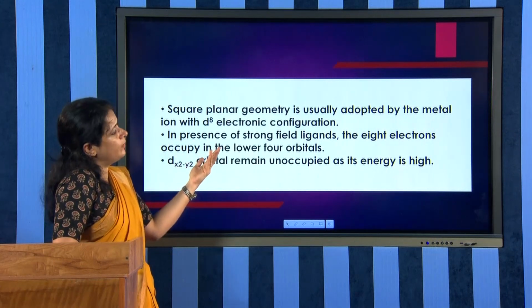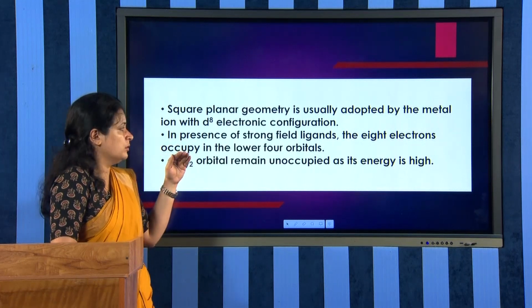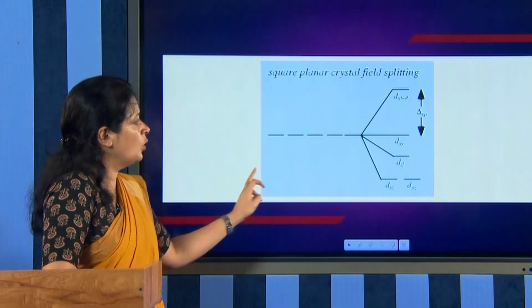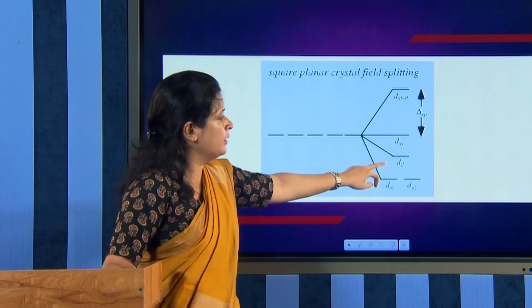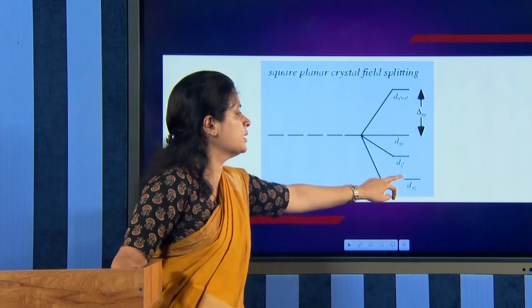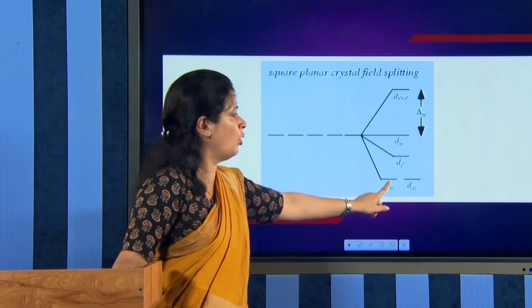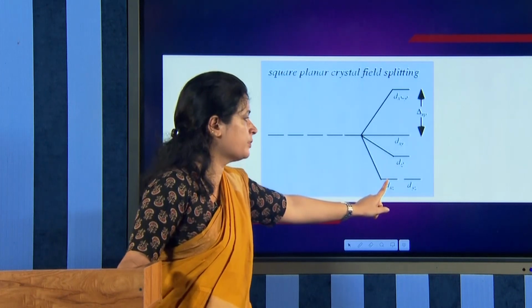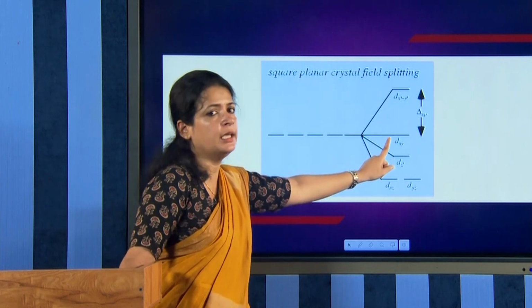In the presence of strong field ligands, the 8 electrons occupy the lower 4 orbitals. Which are the lower 4 orbitals? See, 1, 2, 3 and 4. In the strong field ligand case, 4 orbitals means 8 electrons. 8 electrons will be occupying dxz, dyz, dz square and dxy.